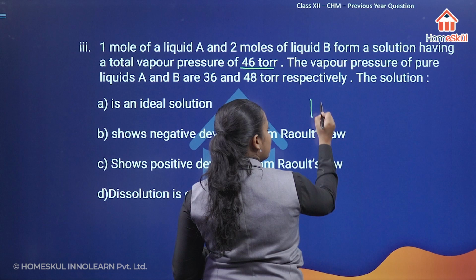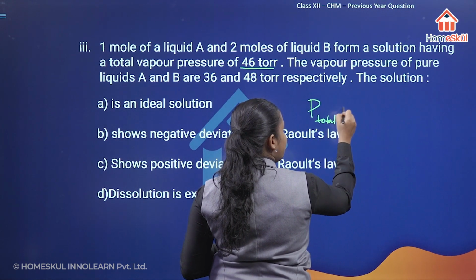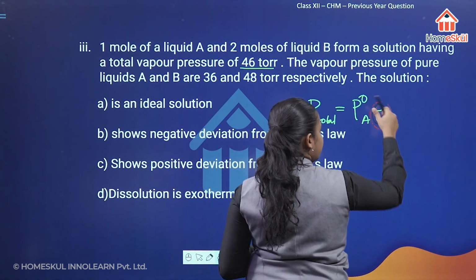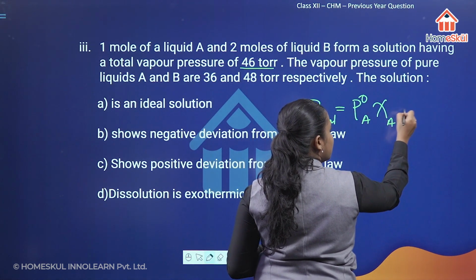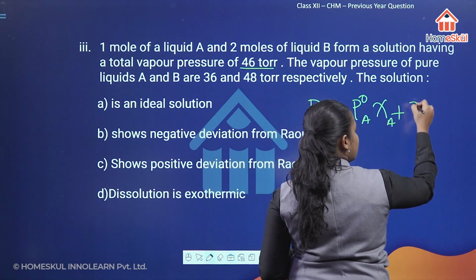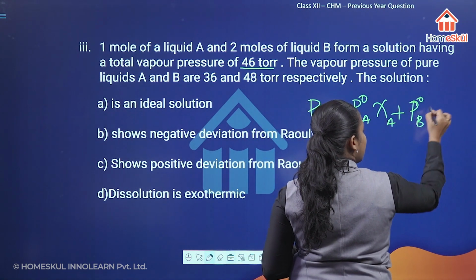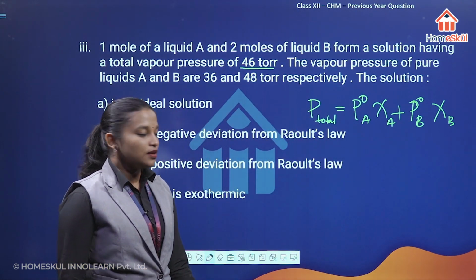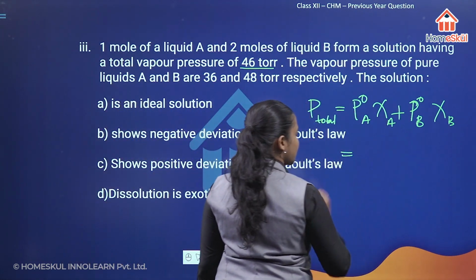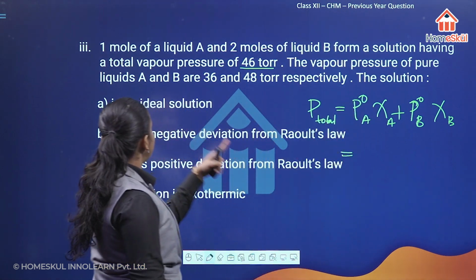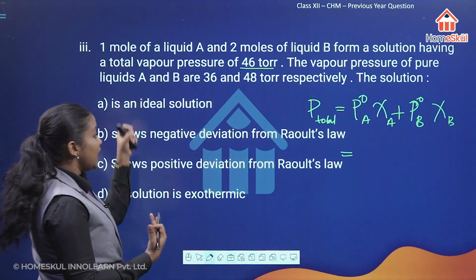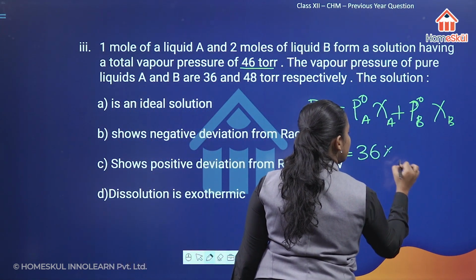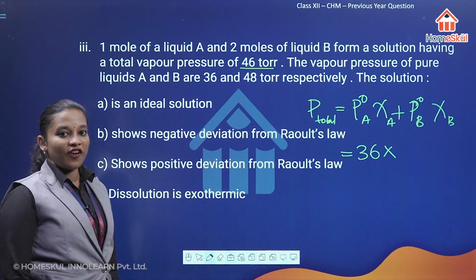We know that P total will be P0A chi A plus P0B chi B. So, this will be the total pressure. Let's see. P0A, the vapor pressure of pure liquid A, is 36, into the mole fraction.